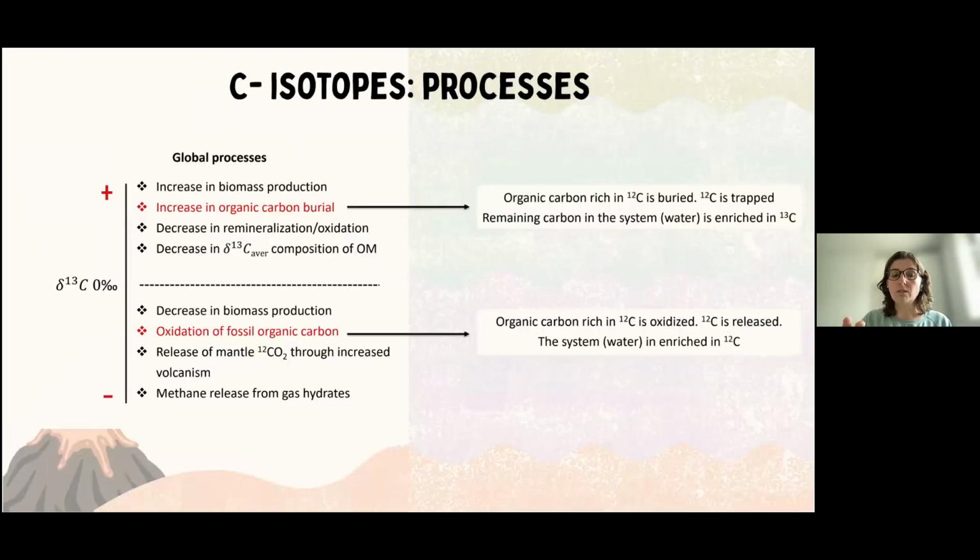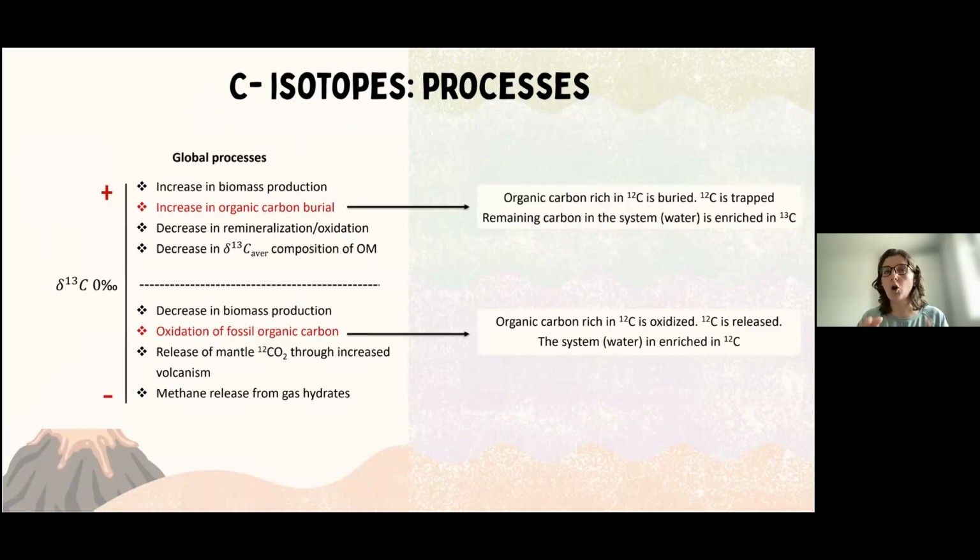But when we talk about carbon isotopes, we are not just talking about numbers. We are talking about biological and geological processes that produce a specific signature. For positive values, which means higher than 0 per mil, we can find different processes, for example increasing biomass and decreasing oxidation.